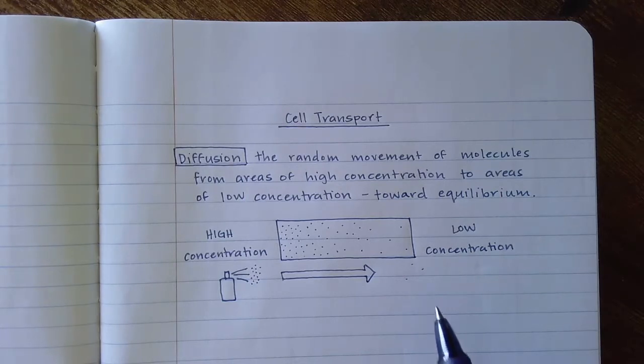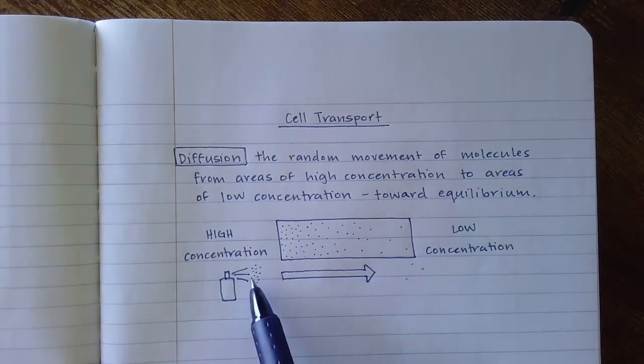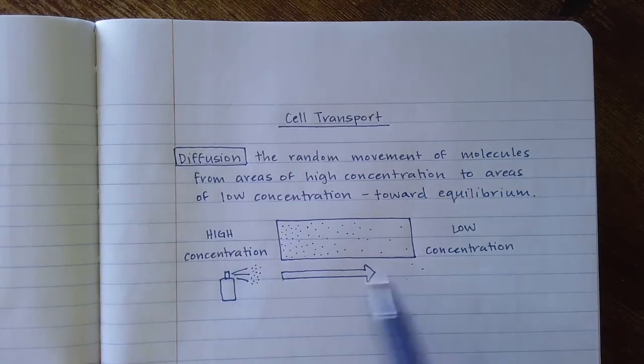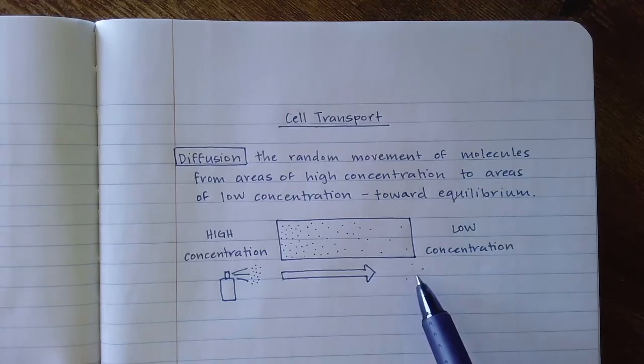And we know this from experience. We know that if you spray perfume in the room, eventually it will smell the same no matter if you're in this high concentration area, like closer to the container, or in this low concentration area further away, because eventually those areas will have the same concentration.